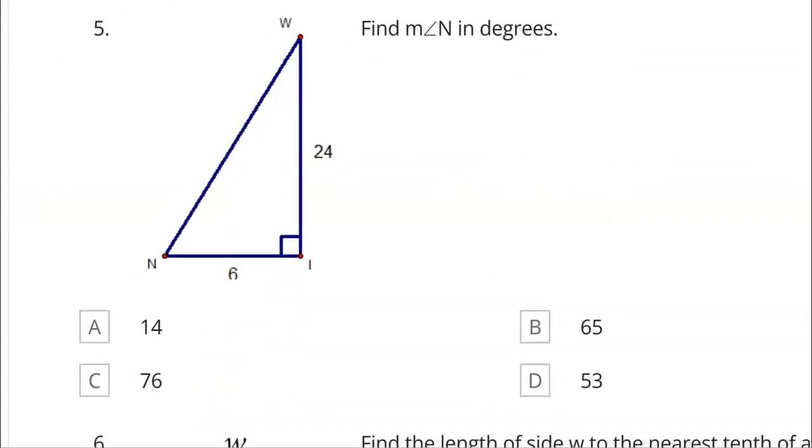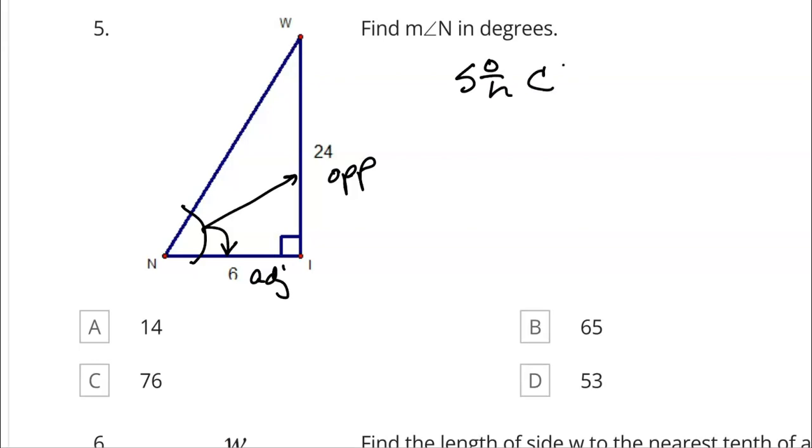Okay, moving on to number 5. It says, find the measure. Remember that m says measure of angle N in degrees. Let's figure out where angle N is. It's right here. I've been given two sides. This side across from it is the opposite, and this side touching it, but not across from the right angle, is the adjacent. I'm writing SOHCAHTOA again. I should see this all over your paper as well.